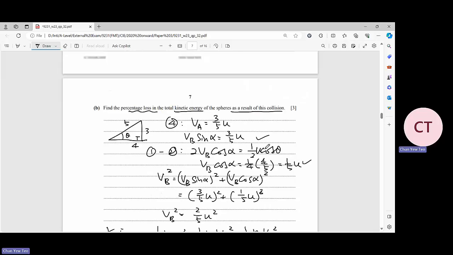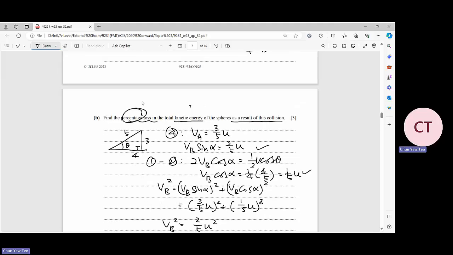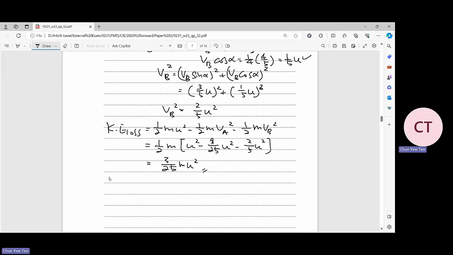This is the KE loss, but they're looking for percentage. So the percentage of KE loss is equal to the KE that has been lost divided by the original KE at the beginning, the initial KE, multiplied by 100%.